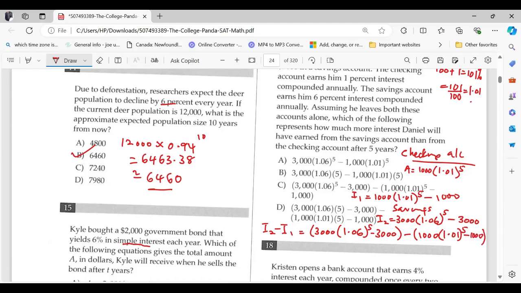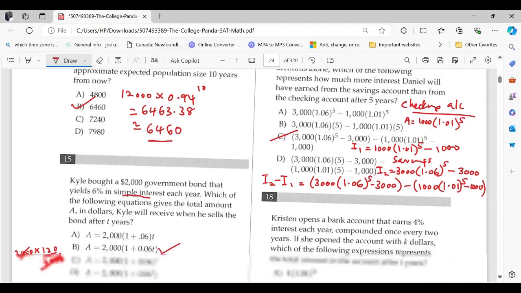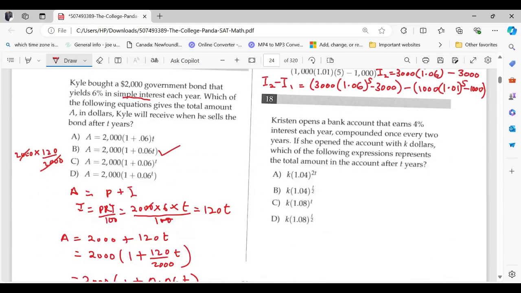So let's look at which of the options. 3,000 into 1.06 raised to power 5 minus 3,000, minus 1,000 into 1.01 raised to power 5 minus 1,000. So it's option C. That is the correct option. So we proceed to question number 18.